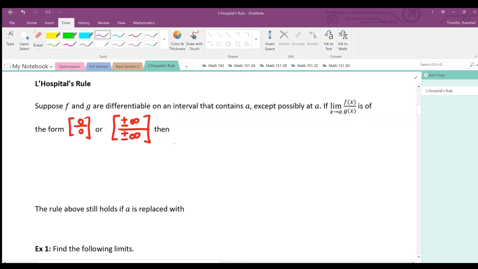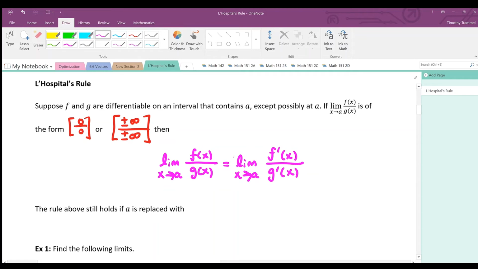Then the limit as x approaches a of f of x all over g of x is equal to the limit as x approaches a of f prime of x over g prime of x.